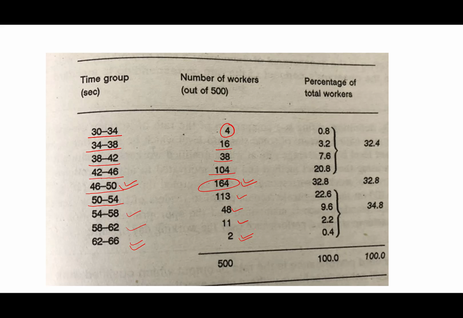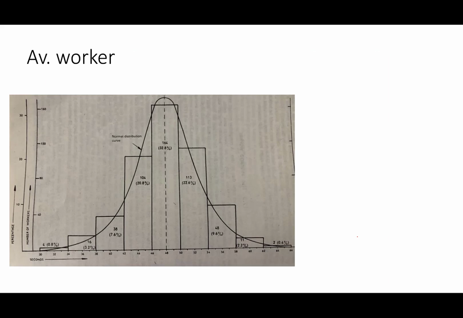So distribution wise, the maximum segregation tendency is here. This is where most of the data is concentrated, and this distribution is perfectly normal. Very few workers take very little time, and very few take very large time, and most of the workers take the time in the range of 46 to 50 seconds.